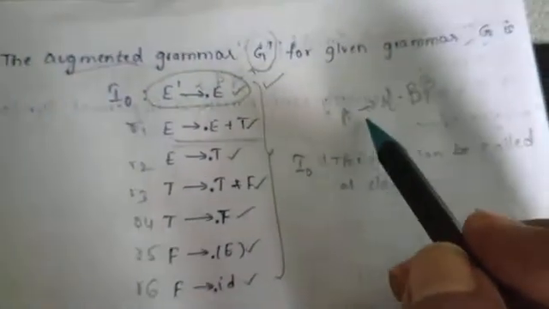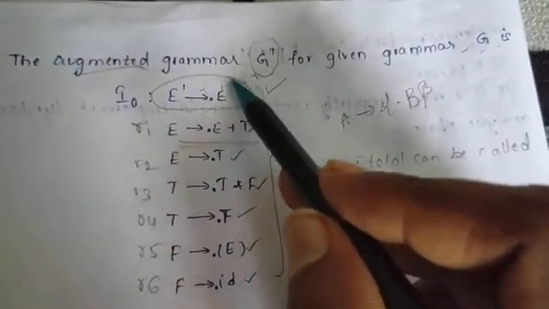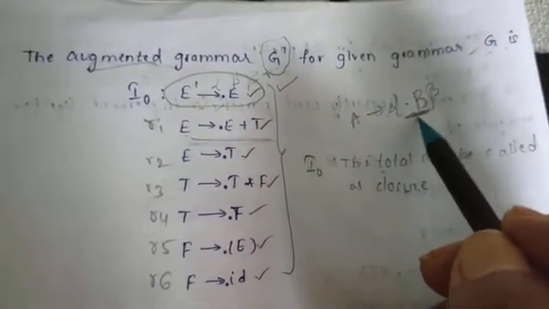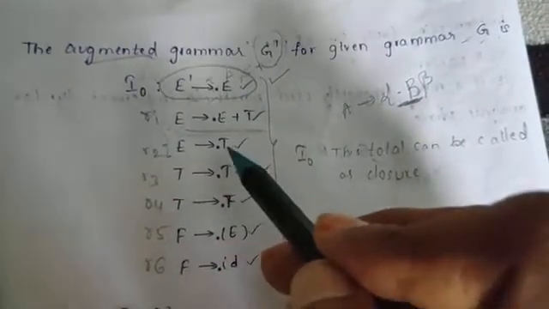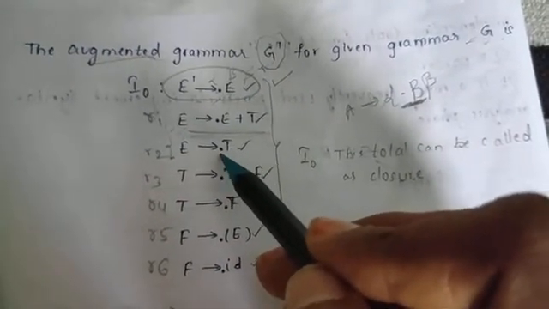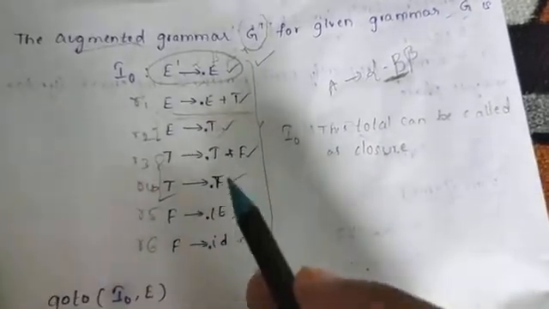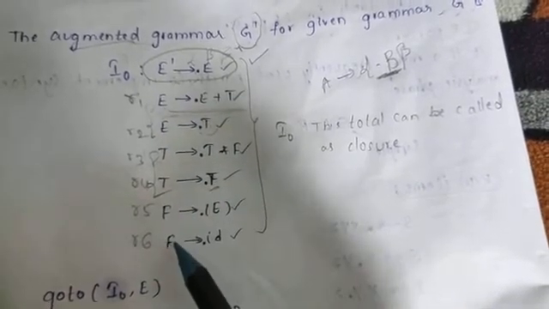After that, if the dot is before any non-terminal, then you add the productions of this B also. Here E is there, E related productions, these two things. Again the dot will be before T, again it is a non-terminal. For that reason, we'll add two productions of T, and again the dot will be before non-terminal F.